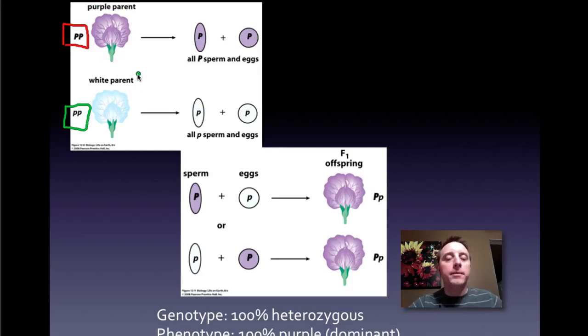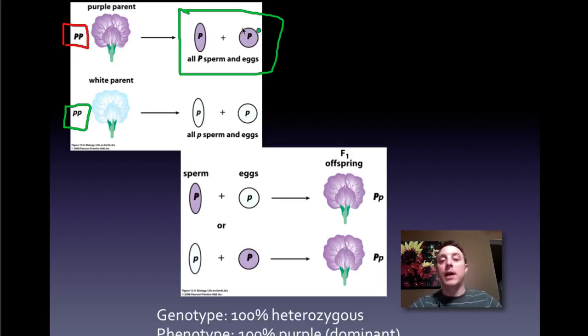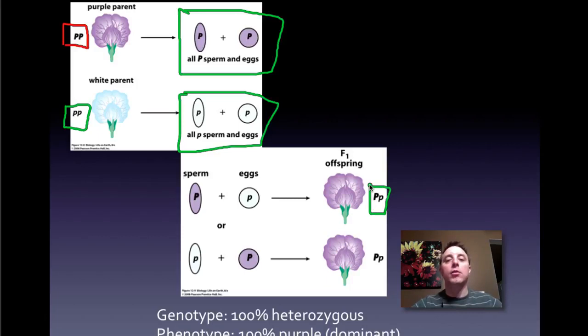So the purple parent here can make sperm and eggs with only the dominant allele. And likewise, the recessive can make sperm and eggs, because pea plants usually make both, with the recessive alleles.